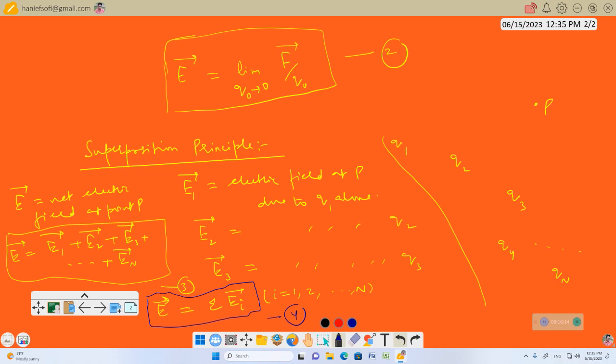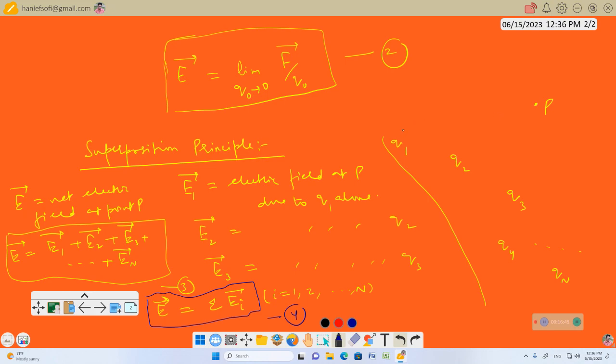This idea is called principle of superposition. If you state it, you say that electric field at a point P due to some charge is independent of the presence or absence of other charges. By that I mean whether Q2, Q3 up to Qn are present or absent, that doesn't affect the electric field at point P due to Q1.